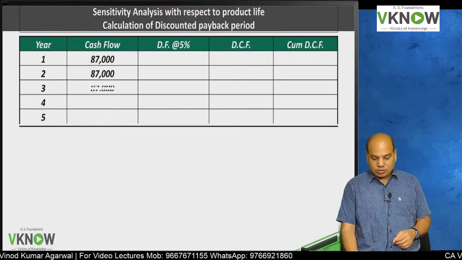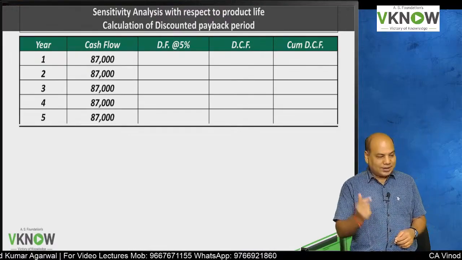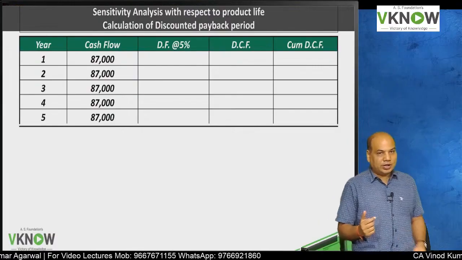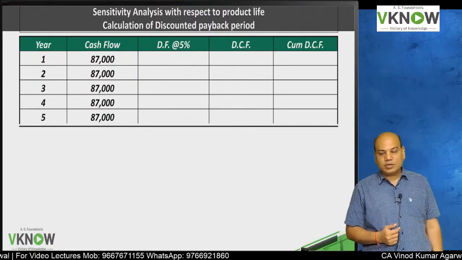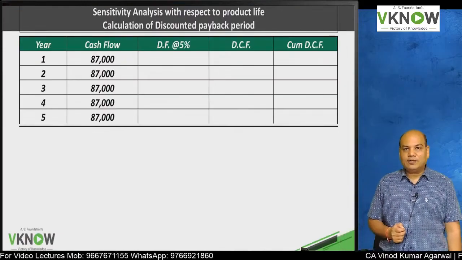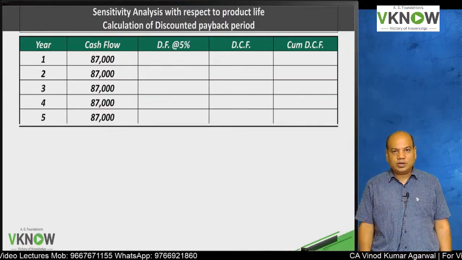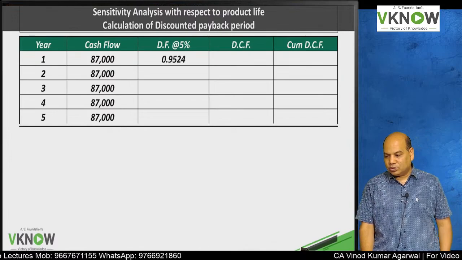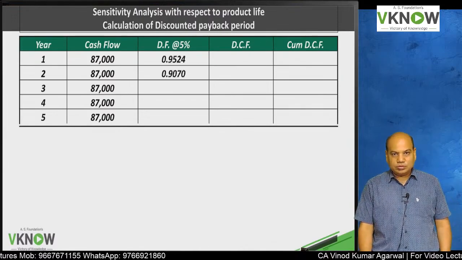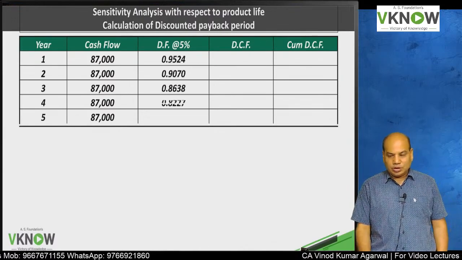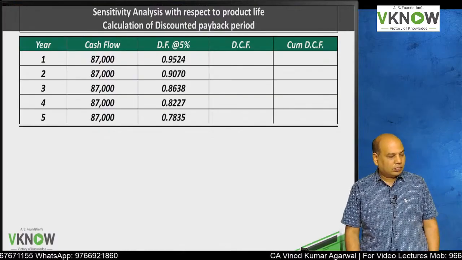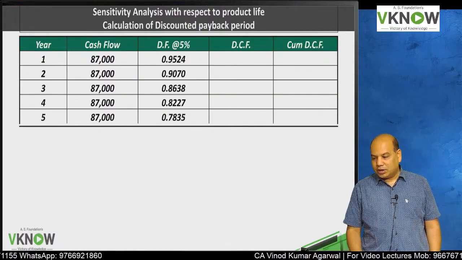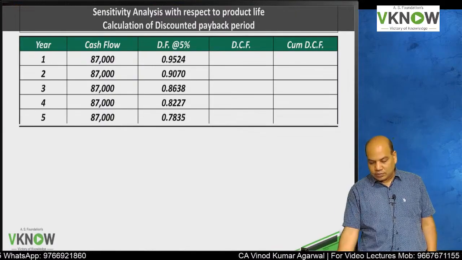Cash inflow 87,000, already calculated, 5 times. Discounting factor at 5%, 1 divided by 1.05 equal to... Again I will give you a shortcut.